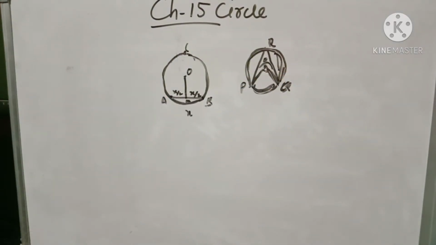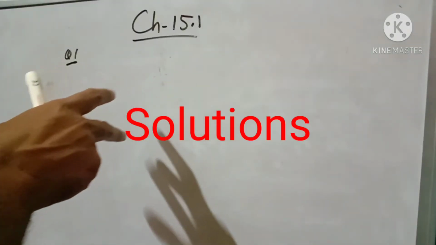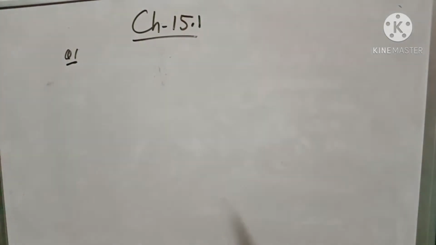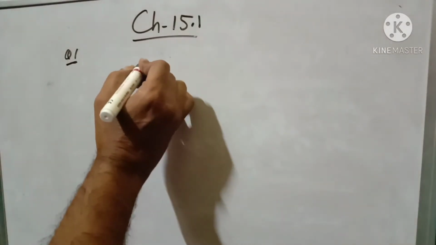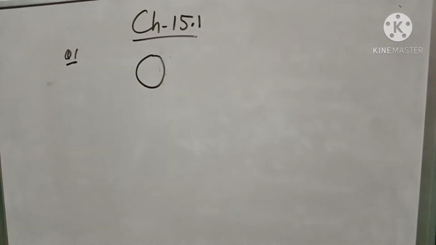Now after that we will go for some problems to solve. Exercise 15.1: calculate the length of a chord which is at a distance of 12 cm from the center of a circle of radius 13 cm. First of all, we have to draw one circle.